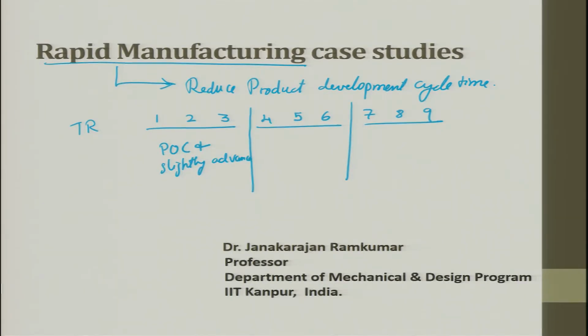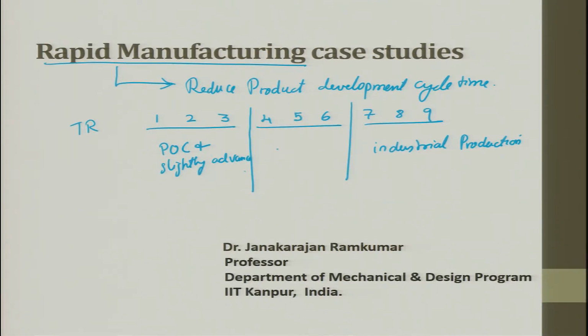So, we can say it is like alpha level. Here, when it goes to 7, 8, 9, what happens is the industrial production. And 4, 5, 6 is converting this, pushing it towards the industry.